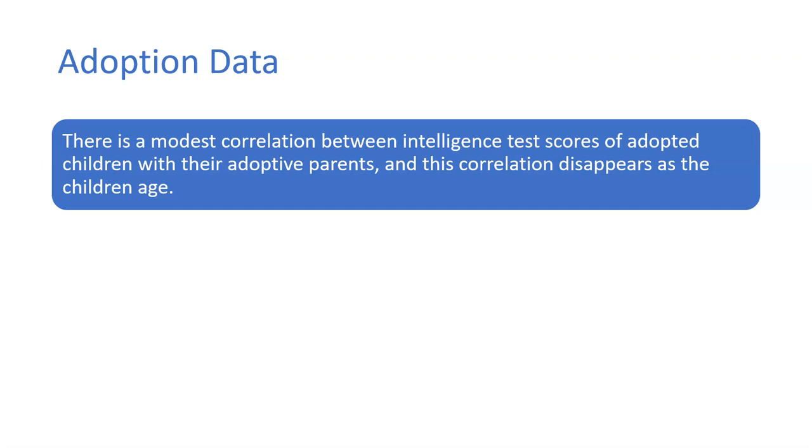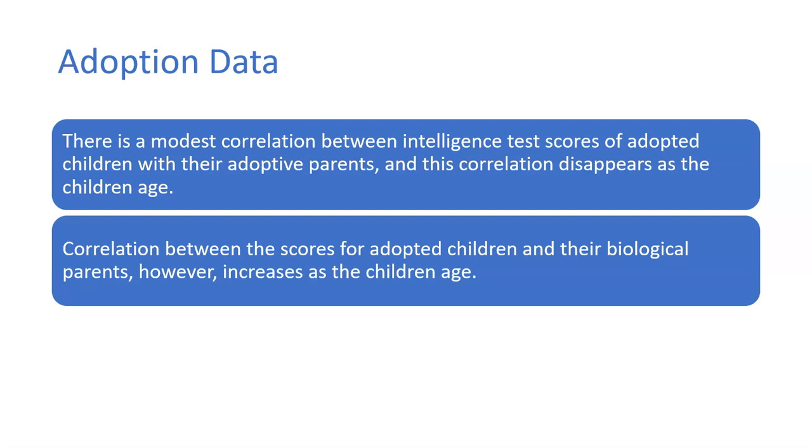That correlation starts to diminish as kids get older. The correlation between scores for adopted children and their biological parents, however, as your authors note, goes up as children age.